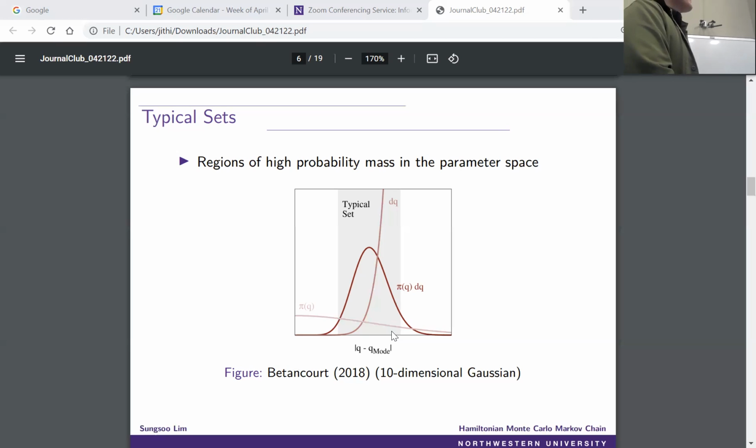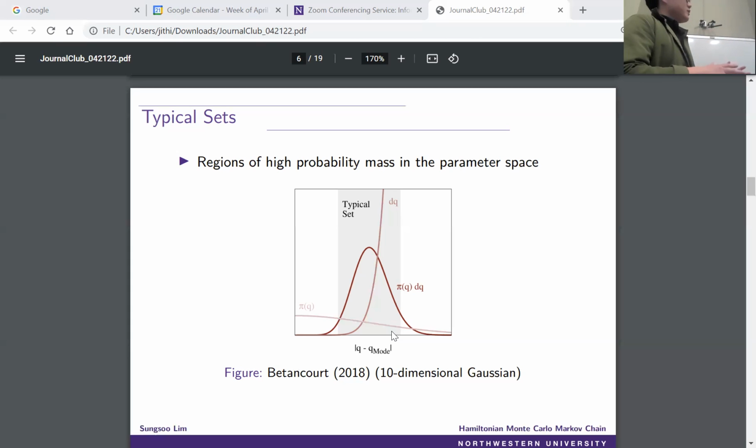Yeah. I don't know the exact details of how they came up with this plot, but I think it was more of an explanation that in higher, like 2-dimensional or 3-dimensional spaces, the volume around the mode is relatively small compared to the volume outside the mode.